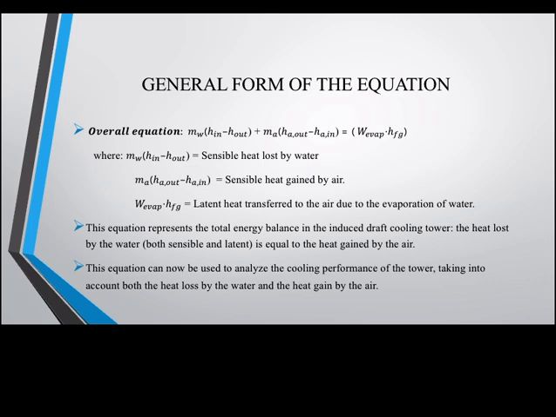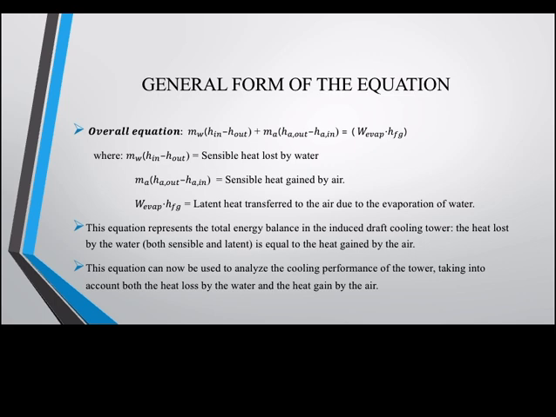So this equation represents the total energy balance in the induced draft cooling tower. The heat lost by the water, both sensible and latent, is equal to the heat gained by air. So this one being lost is equal to this one being gained.